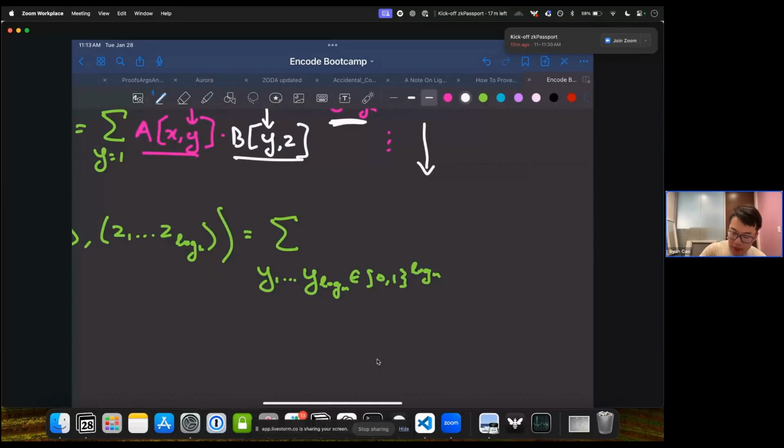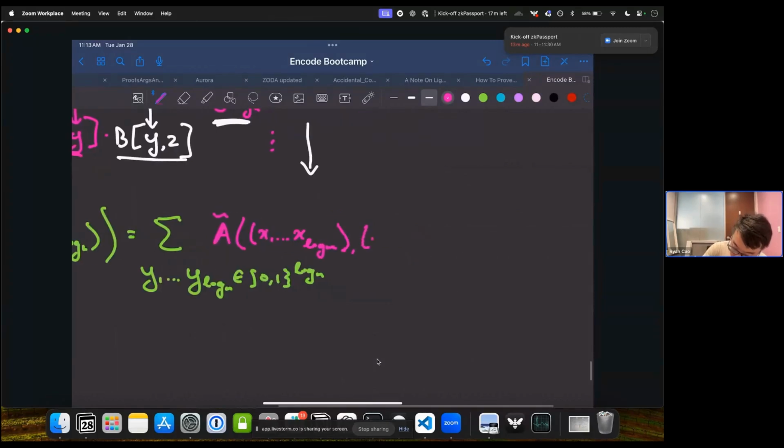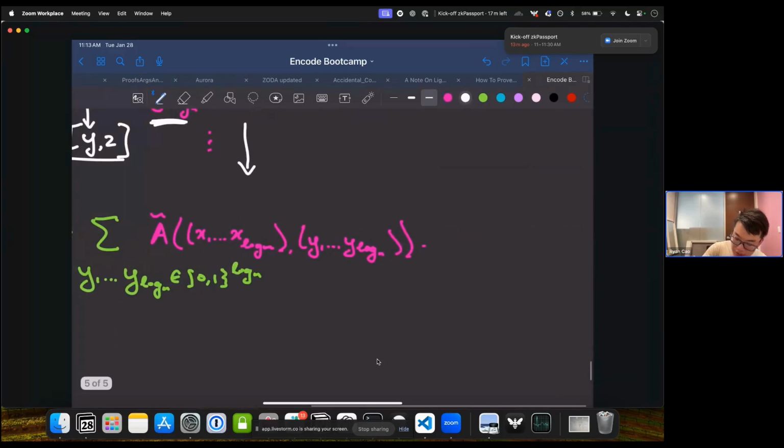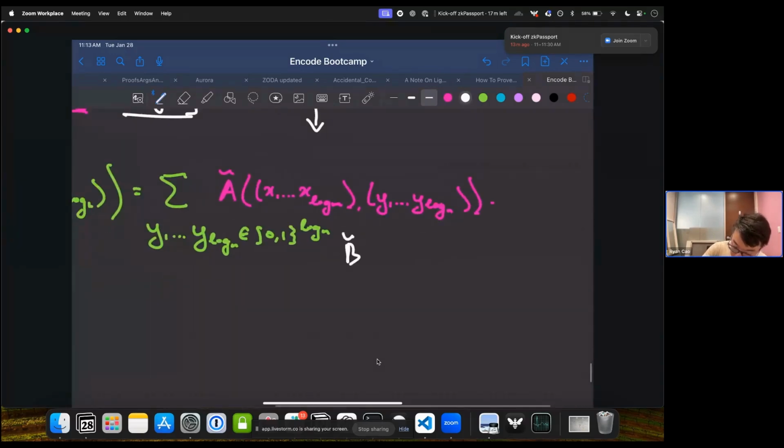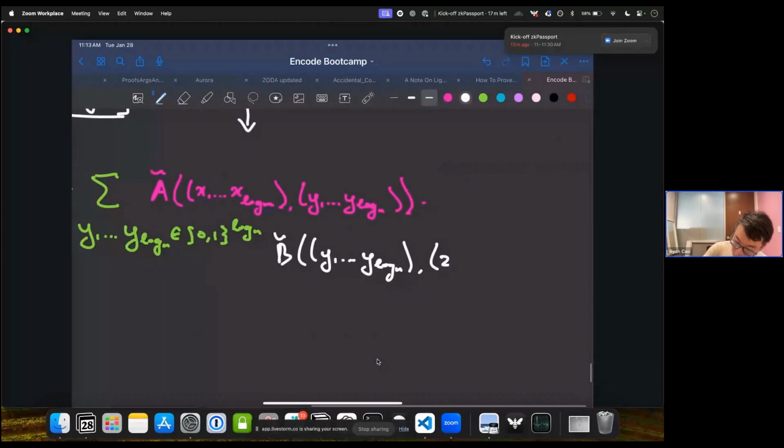We will evaluate the multilinear extension A at x1 through x log m, comma, y1 through y log n, times the multilinear extension of B evaluated at y1 through y log n, comma, z1 through z log k.